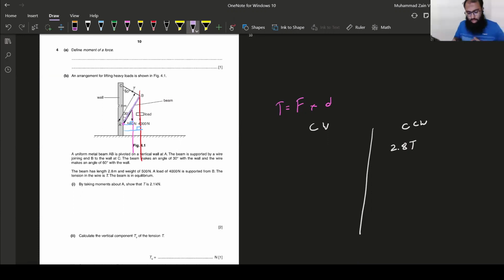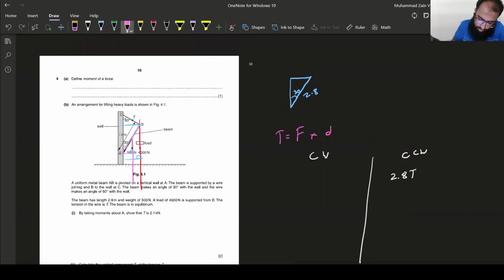If I apply sine to it, I'll get this component. This becomes a triangle, right? This is 2.8 and the angle is 30. So if I apply the trigonometric functions, I'll get this, which would be 2.8 sine 30. This is how I'll get this component.